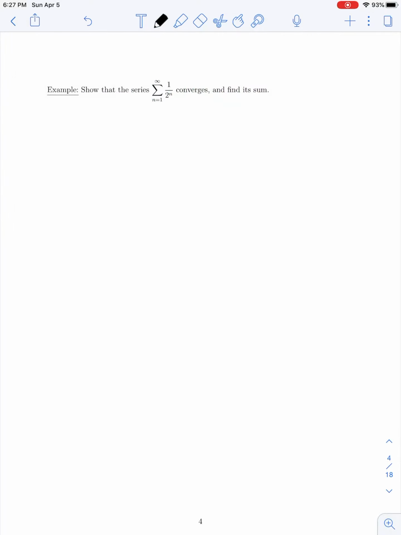So in this example, starting with our first partial sum, plugging in 1 for n, we have 1/2. For our second partial sum, we would have the sum of the first two terms, so 1/2 plus, if we plug in 2 for n, we have a 1/4.